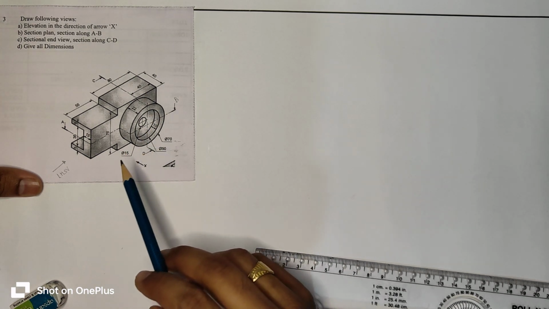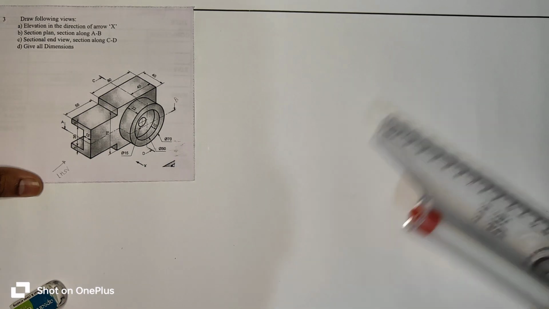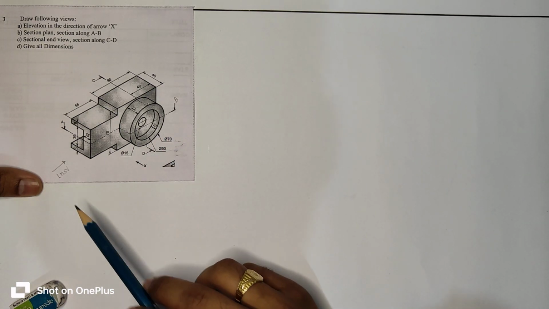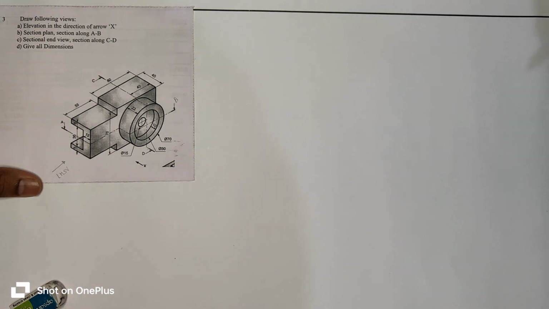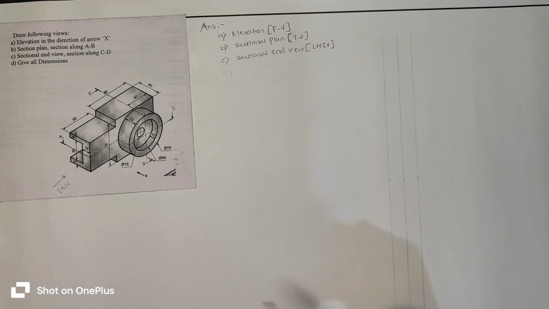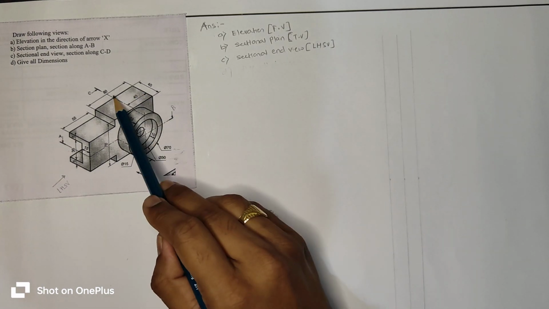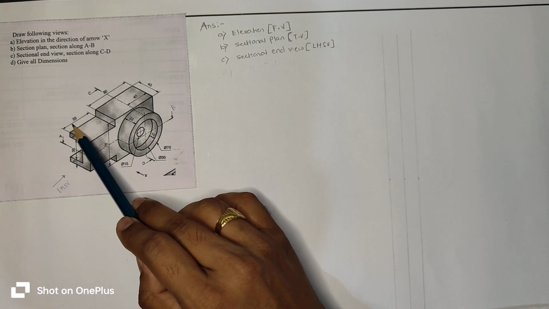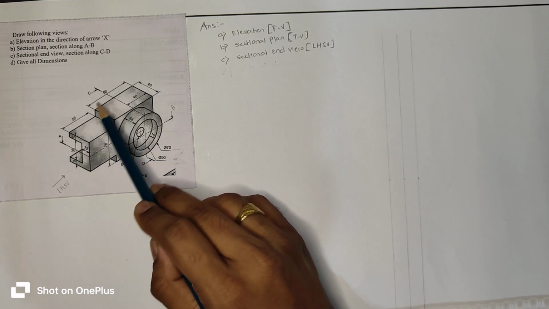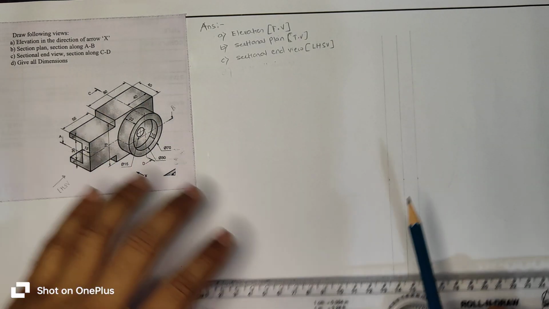So now we will calculate the dimensions, that is the dimensions for front view, top view and LHSV. In front view, this dimension is totally 80 plus 55, that is 135 mm.